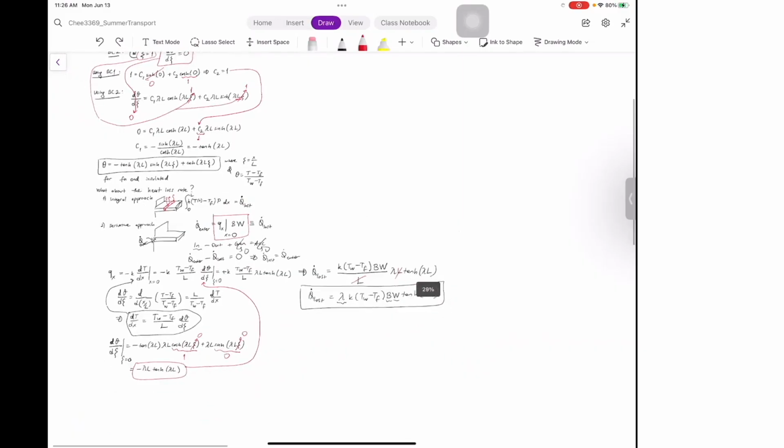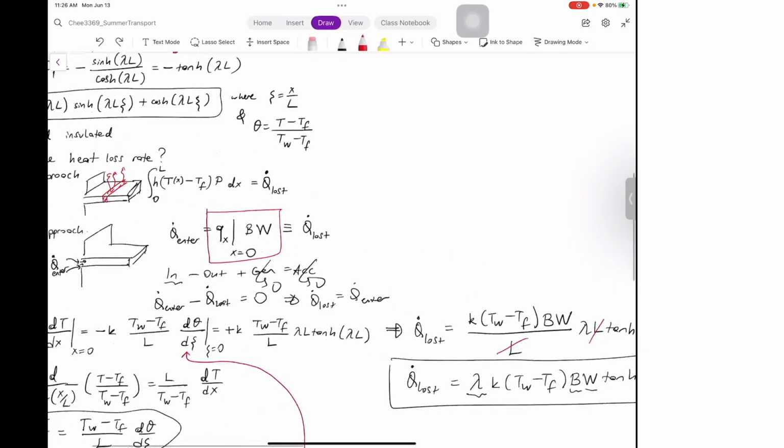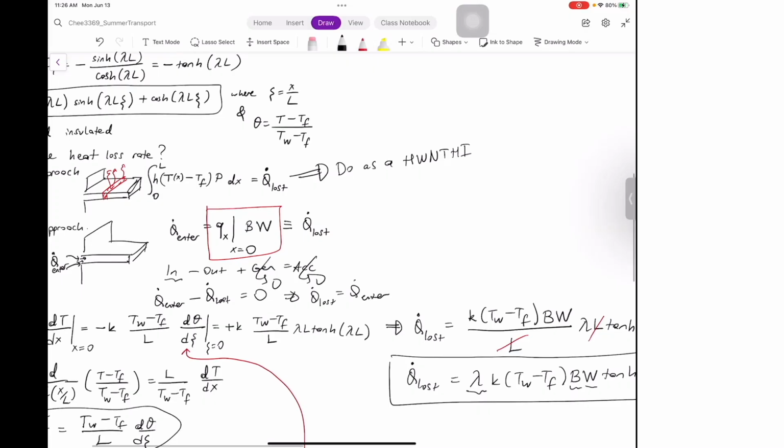Okay, so we found out the temperature profile in the fin for the case where the fin end is insulated. We actually came up with a way to derive the amount of heat lost, and we said that you can find this out in two ways. I think it might be a good exercise for you, so I recommend you do this as homework, not to be collected, not to be handed in.